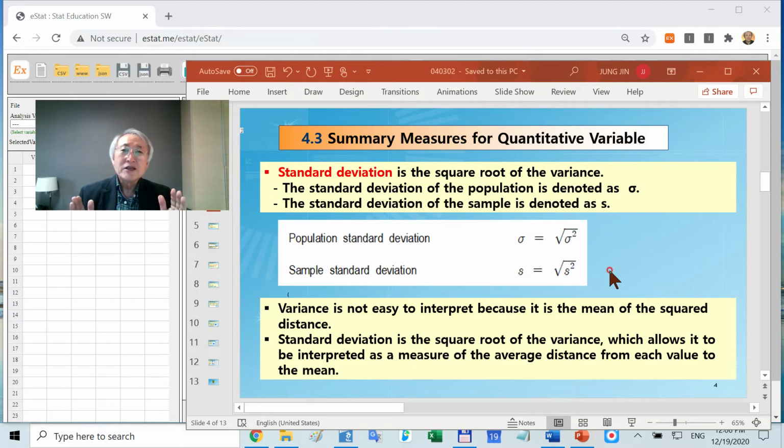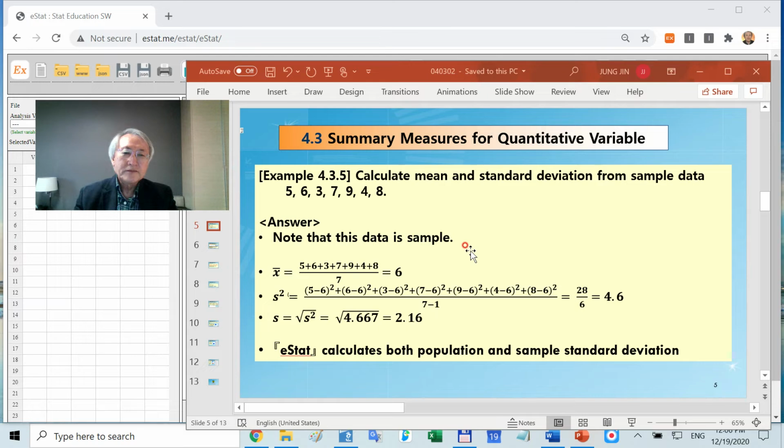There would be many numbers. In case of a normal distribution, roughly 68% of the data is within that interval. That's the interpretation of standard deviation.